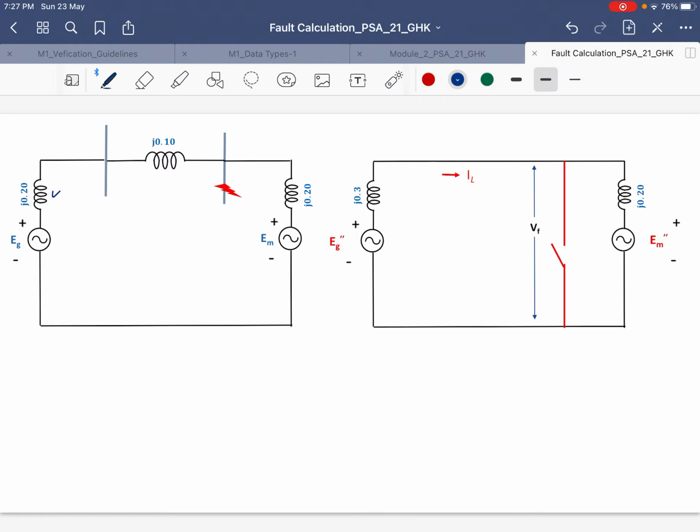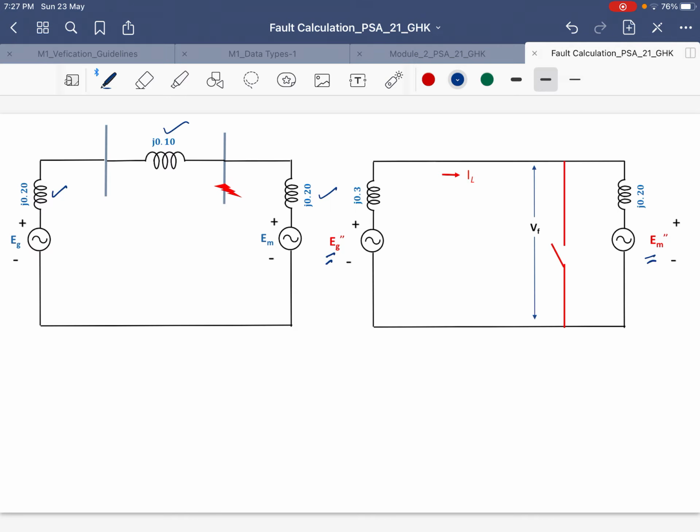This j0.2 is the reactance of the generator, j0.2 is the reactance of the motor, and j0.10 is the reactance of the transmission line. Then the next step is to find the internal voltage of the generator and the internal voltage of the motor.